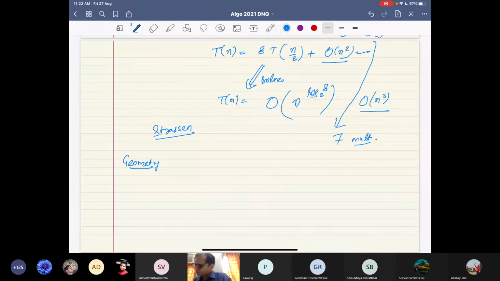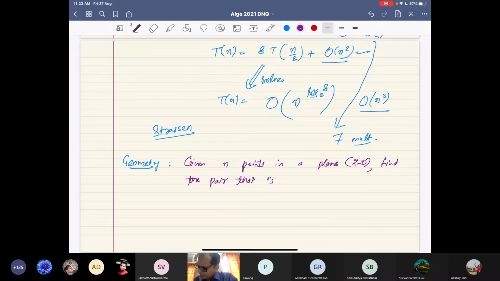So the problem is, you are given n points in a plane, and we will take a 2D plane. You are given n points. And your task is to find the pair that is closest among all.